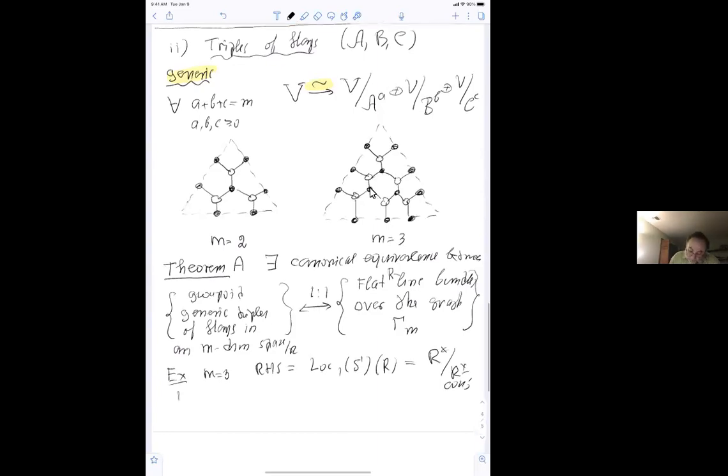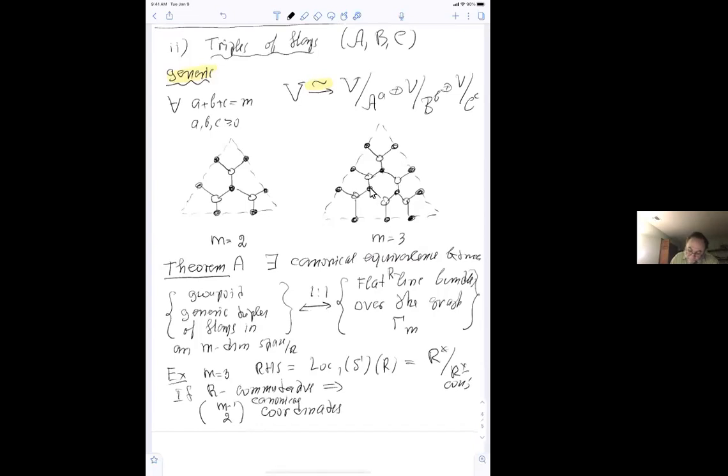And if R is commutative, therefore, in general, we have actual coordinates. We have m minus 1 choose 2, the number of holes, canonical coordinates. They are just monodromies around the holes.